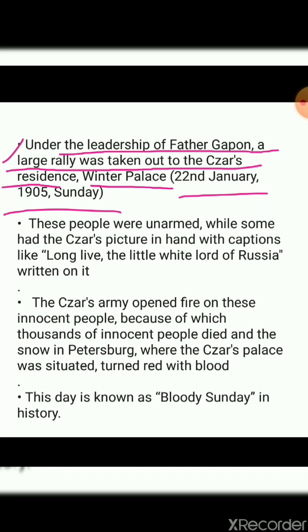Why did this rally take place? This rally took place under the leadership of Father Gapon to oppose the rule of the Caesar, right? The rally was being taken.